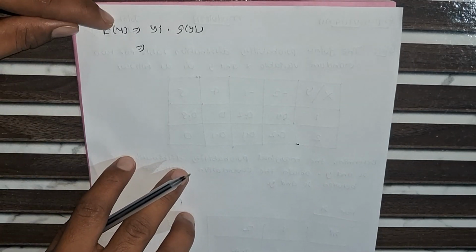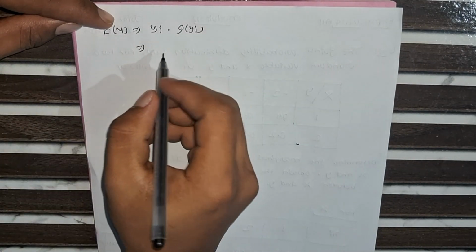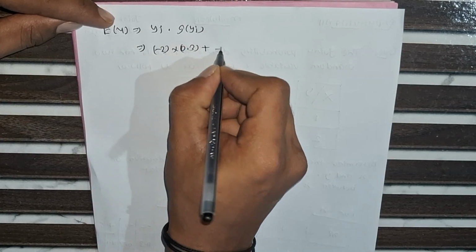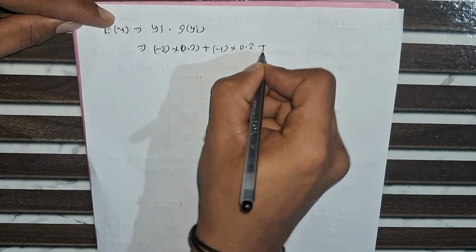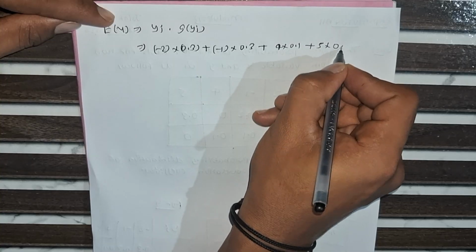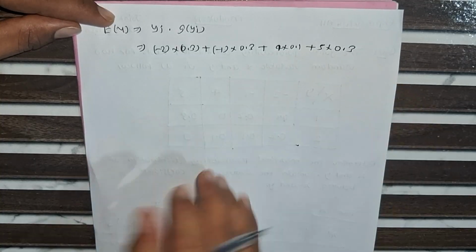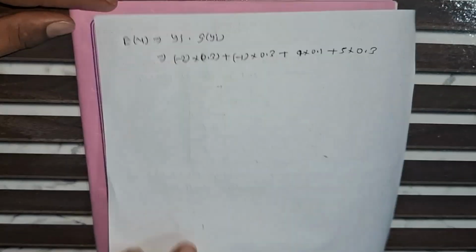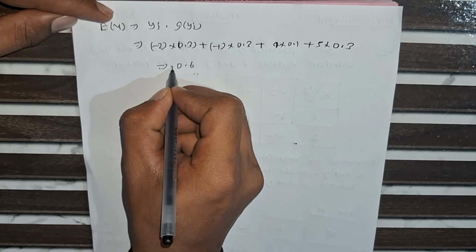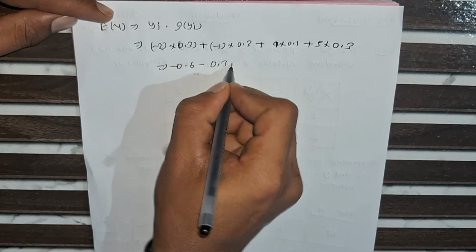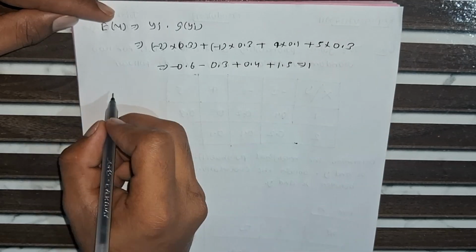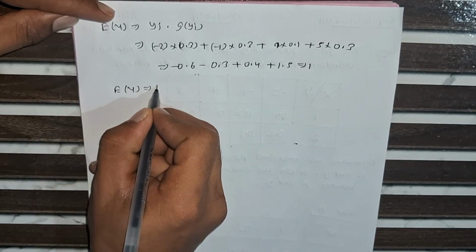So -2 into 0.3 plus -1 into 0.3 plus 4 into 0.1 plus 5 into 0.3. When you calculate it, it becomes -0.6 minus 0.3 plus 0.4 plus 1.5, which is equal to 1. So our expectation of y is equal to 1.